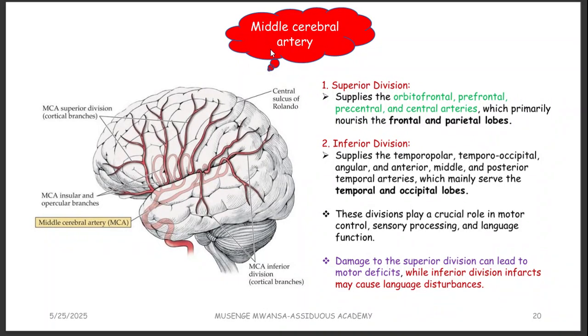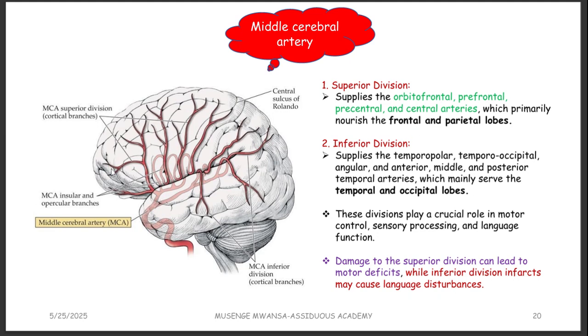Okay. The middle cerebral has two divisions, the superior division and the inferior division. The superior division, what is it supplying? It gives these branches: orbitofrontal, prefrontal, and then precentral and central arteries. So it is basically supplying the frontal lobe.